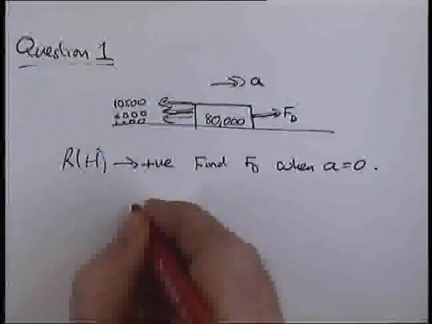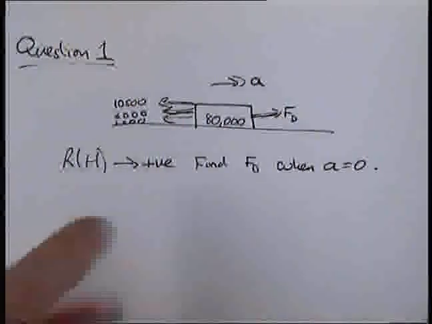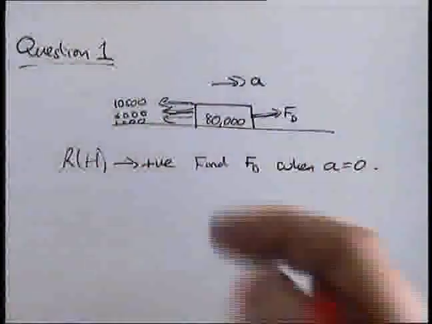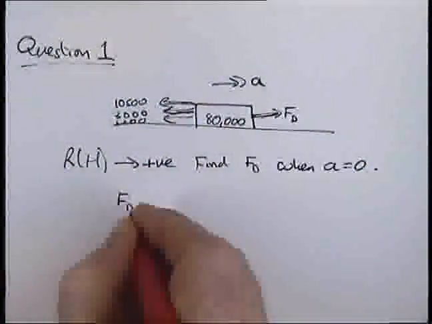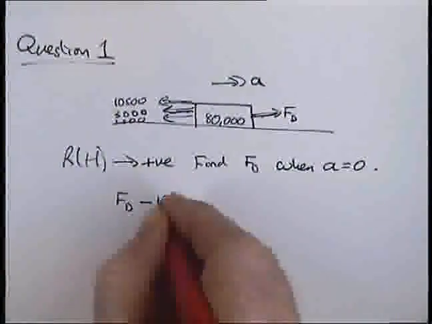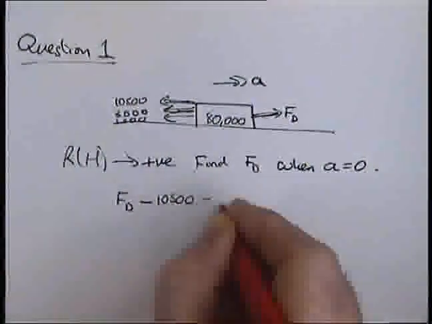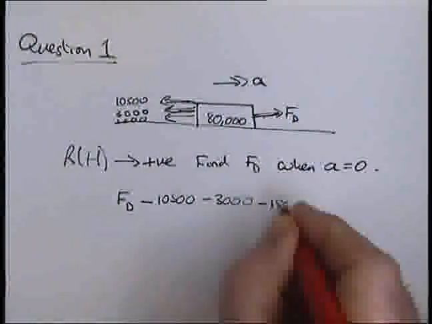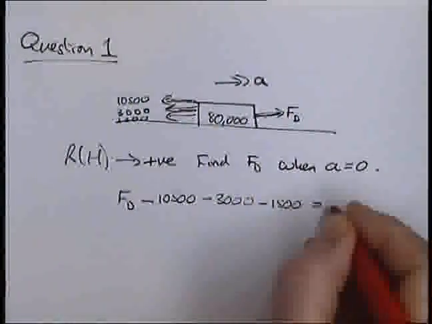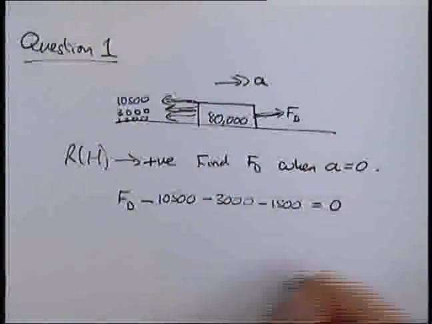Okay, we should have resolved the forces. Now anything acting in this direction is positive and anything acting in this direction is negative. So we get F_D minus 10,500 minus 3,000 and minus 1,500 is equal to the mass times acceleration, which in this case is 0.